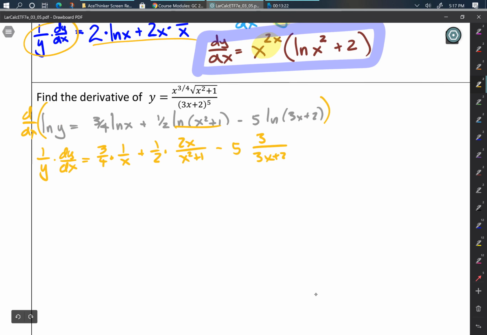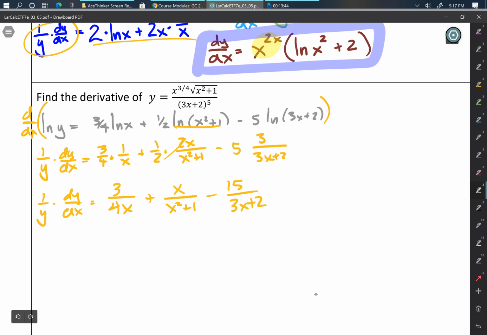Then a little bit of cleaning up, I get 1 over y times dy/dx is equal to 3 over 4x plus x over x squared plus 1, those 2's will cancel, minus 15 over 3x plus 2.